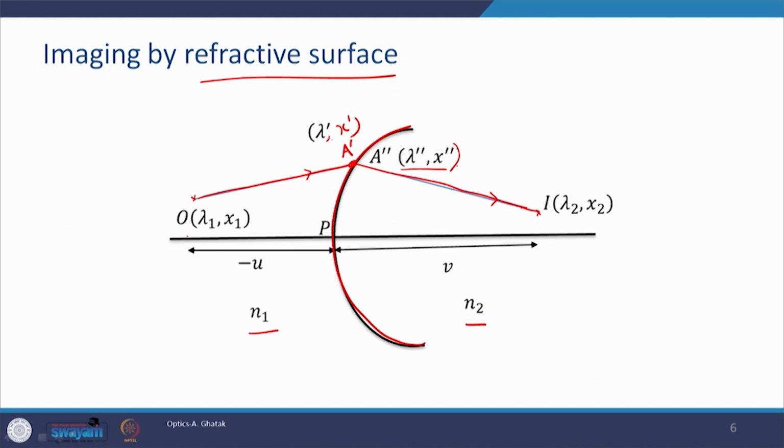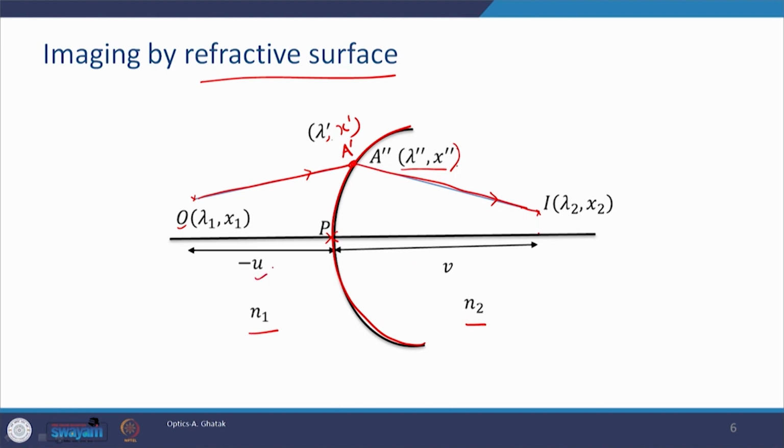Point O is at a distance minus u from P, and point I, the image point, is at a distance v from P. P is the point on the axis of this curved refracting surface.